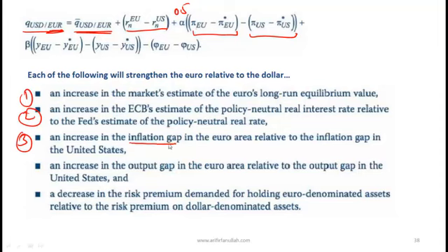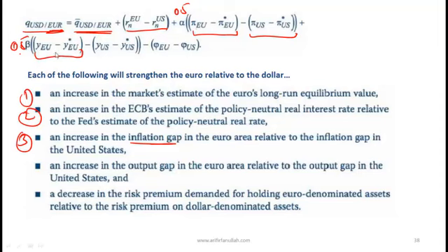An increase in the inflation gap, that's the inflation gap in the euro area, relative to the inflation gap in the US will cause the real exchange rate to go up. Let's assume that this coefficient beta is also 0.5, and this is referred to as the output gap.